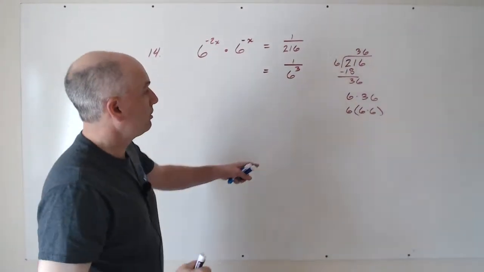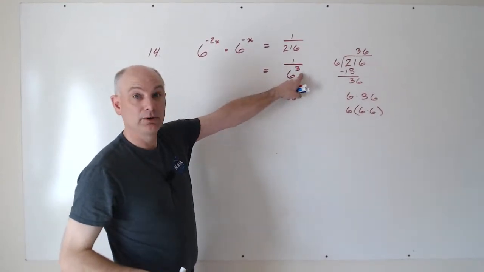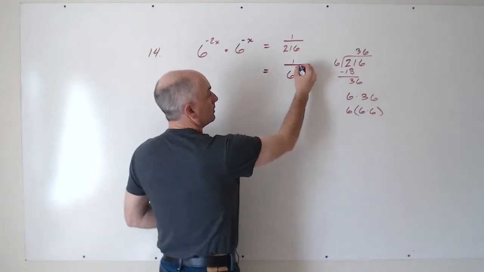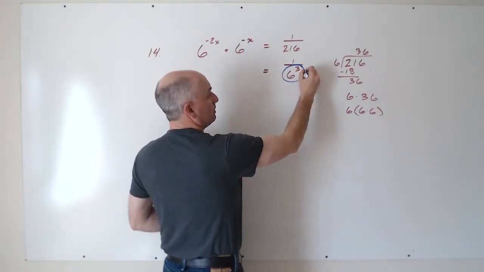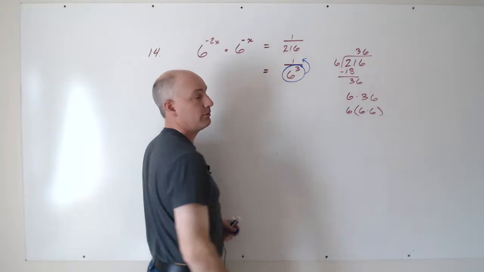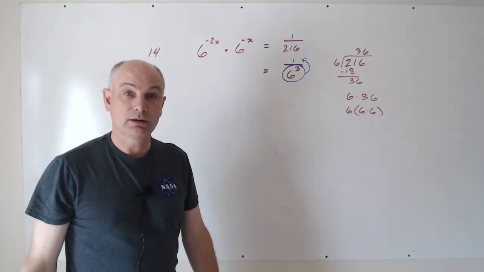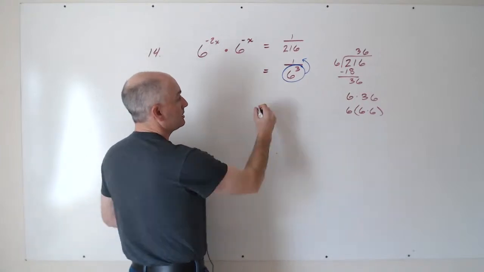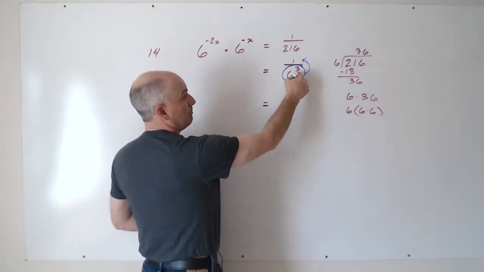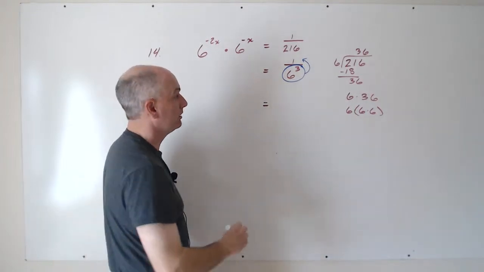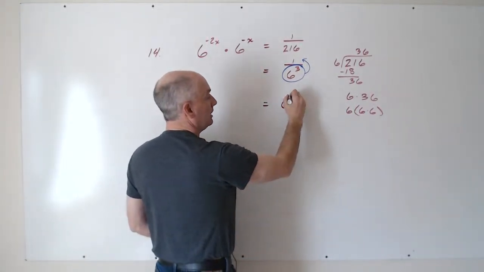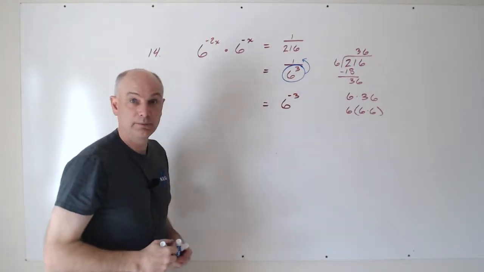Now, because this 6 to the third power is in the denominator, I need to take this entire piece and think about how it transfers to become something in the numerator. If it's a positive exponent in the denominator, we can write it in the numerator, except it would have to be a negative exponent.